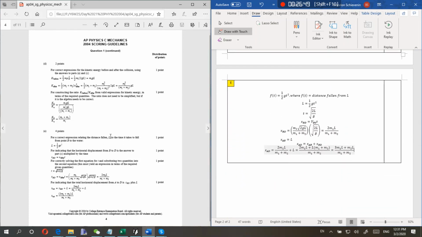Then correct expression relating the falling distance to the time it takes to fall to the water. L equals 1/2 g t squared at any point. Yes. Indicating horizontal displacement is the velocity after multiplied by time. Okay, got that. Correctly substituting to solve for t. Got that.